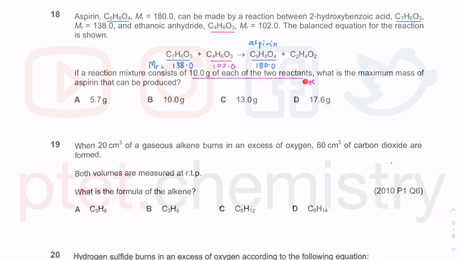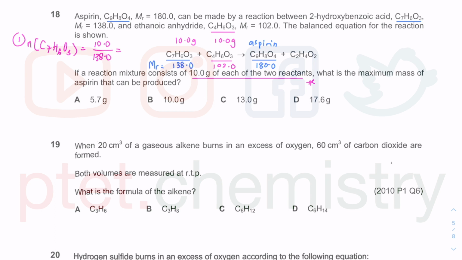This is really similar to the ester question which we had earlier in this question paper. I forgot which question it was, but you gotta work out what is the mole here, what is the mole here, because you have 10.0 gram for each of the two reactants. You gotta work out which one is limiting and which one is in excess. So let's say the mole of the C7H6O3, don't care about the name, just do mass over Mr, so 10.0 gram divided by the Mr, which is 138.0.